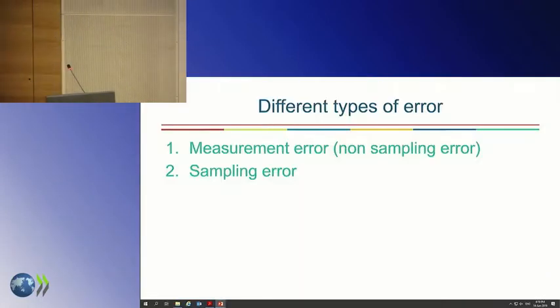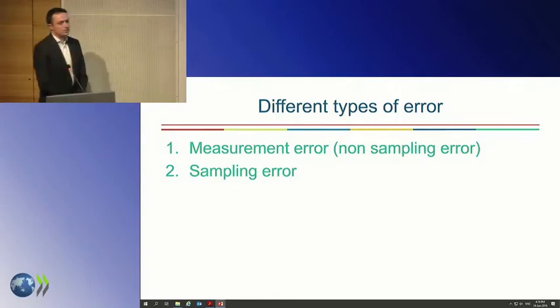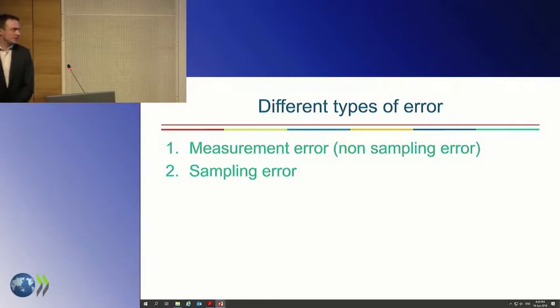Just to come back to what has been said before in this seminar, we talked the whole morning about measurement error. We had some talk about sampling error today, this afternoon. What's kind of funny is that some statisticians call measurement error also non-sampling error.